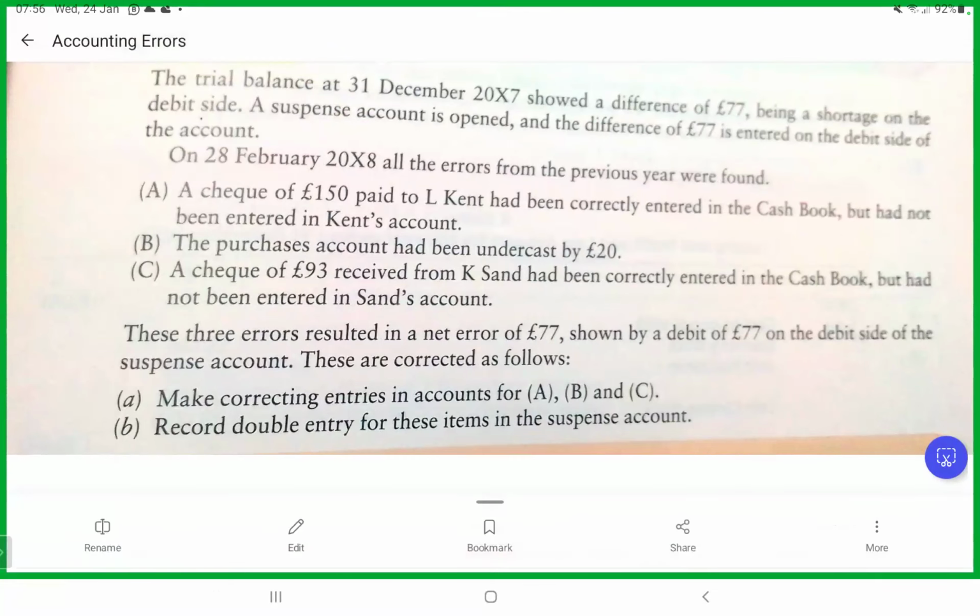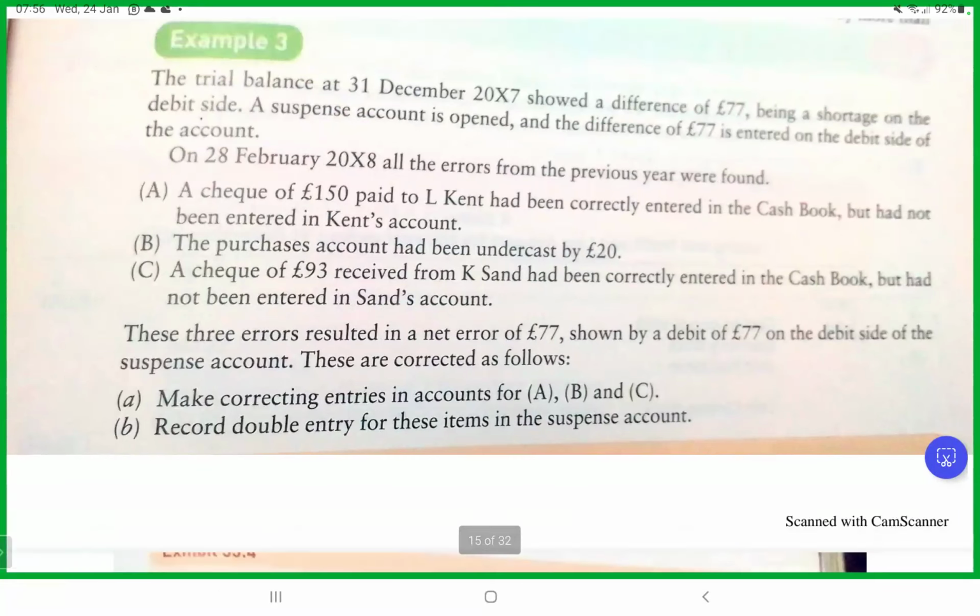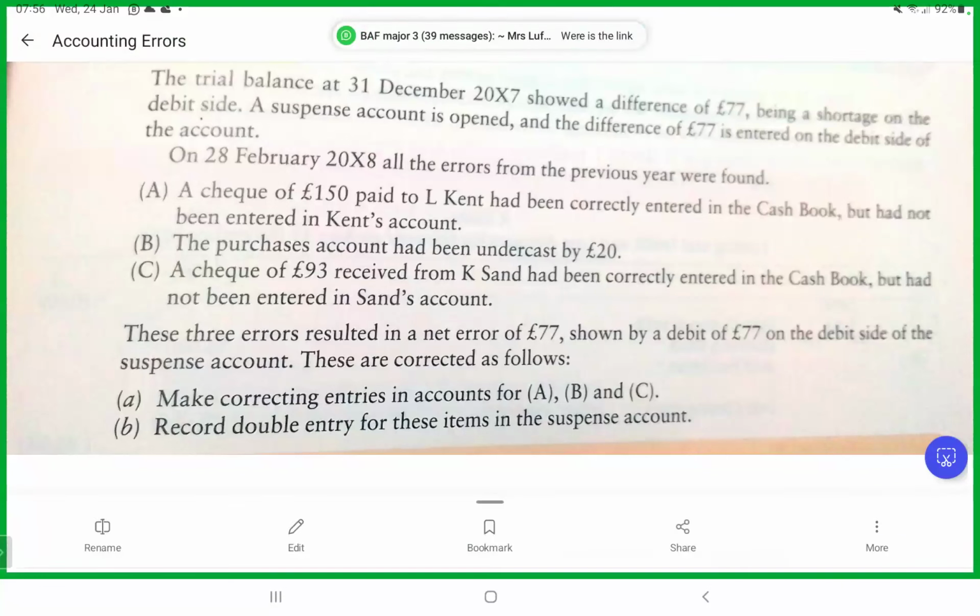Mr. Hash, what do you think? All right, Zahir, what do you think? All right, guys, turn on your mic and speak. What do you think we can do here? Do you debit Kent's account or you credit it?